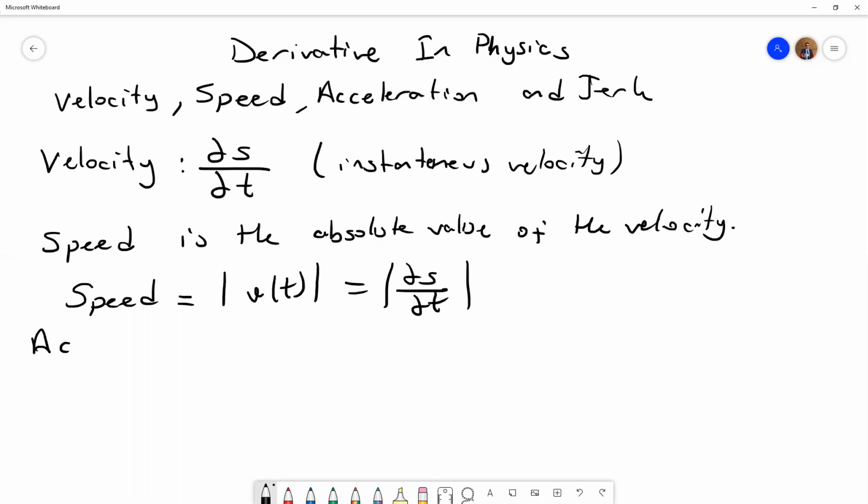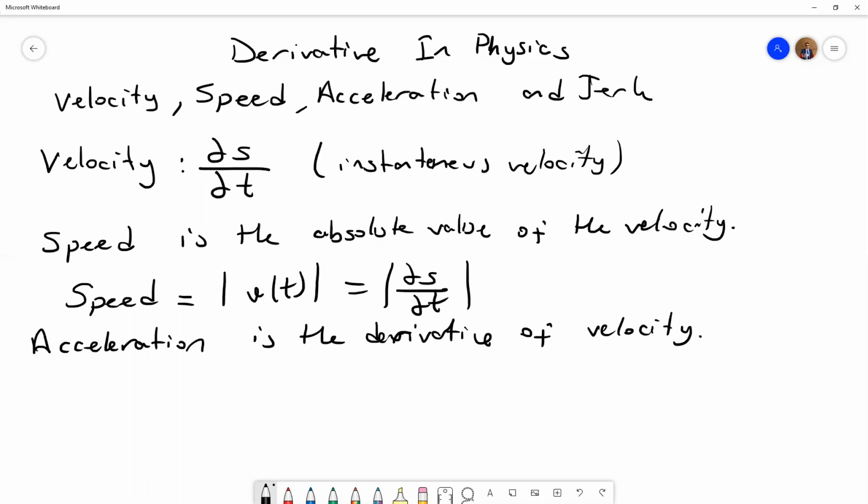And acceleration is the derivative of velocity. Let's show it by a(t). a(t) is delta v over delta t. We know that v is equal to delta s over delta t, so we can write acceleration as delta square s over delta t square.